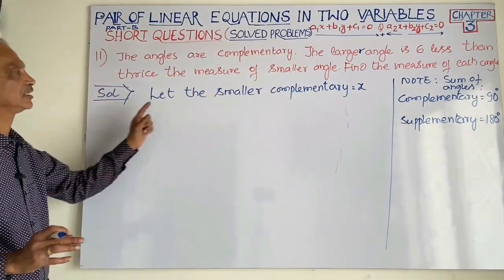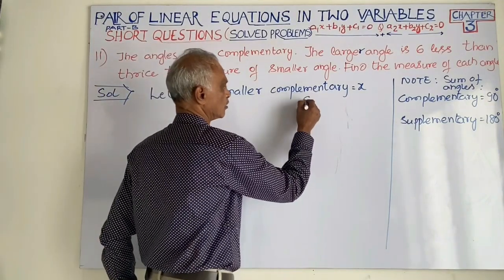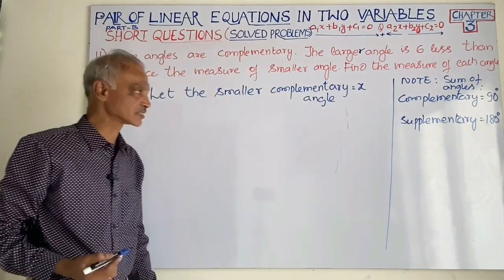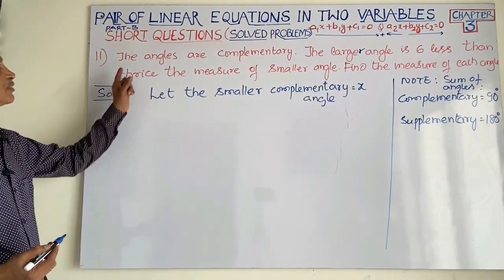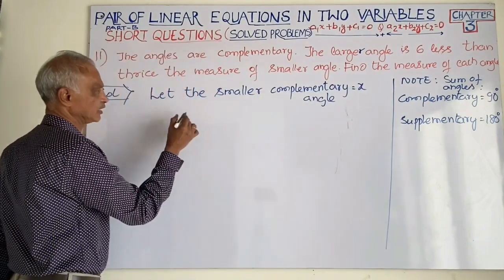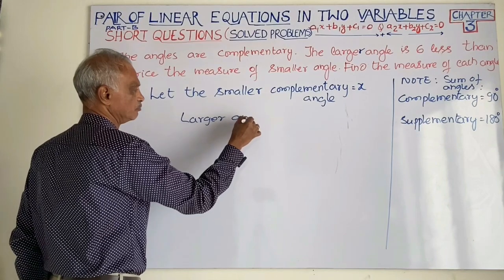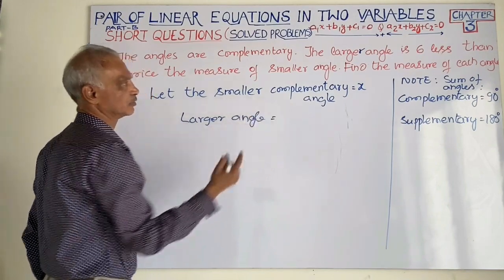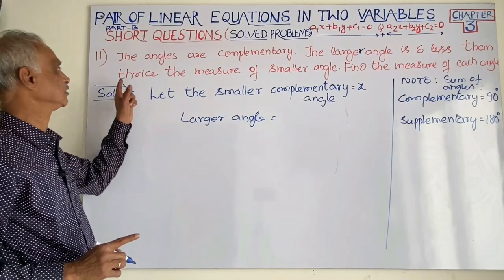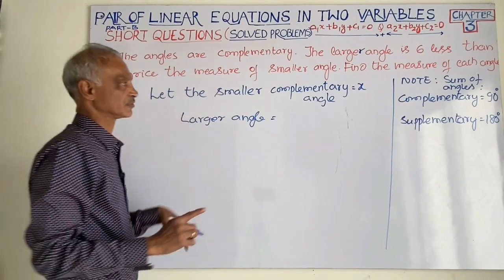Now let the smaller complementary angle be x. Now we have to find the larger angle. What is the larger angle? The larger angle is 6 less than thrice the measure of the smaller angle.